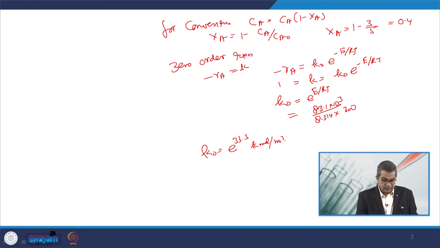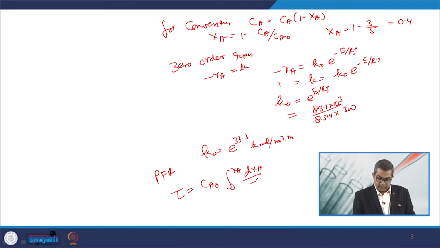Now for the volume of the plug flow reactor, the performance equation for a plug flow reactor is given as tau is equal to Ca naught integral from 0 to Xa of dXa upon minus Ra.